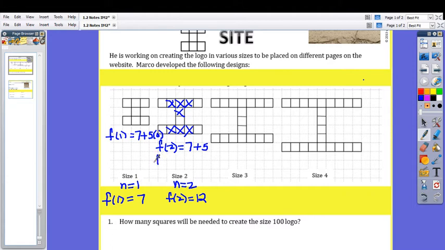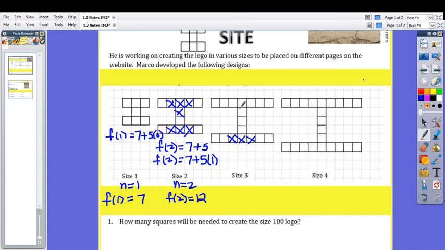Now you can also write this down as you have 7 of them initially, then you added 5 more, which is 5 times 1, and that is 1 less from n. So we are trying to find a pattern here. Then let's do the next one.